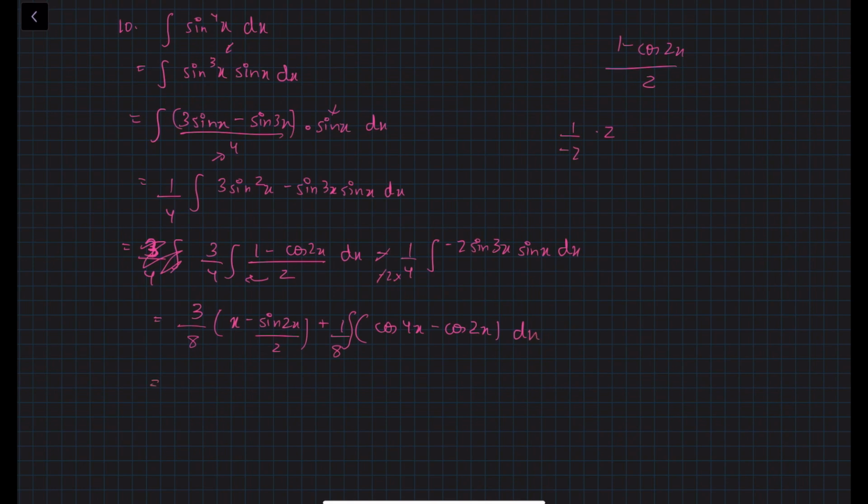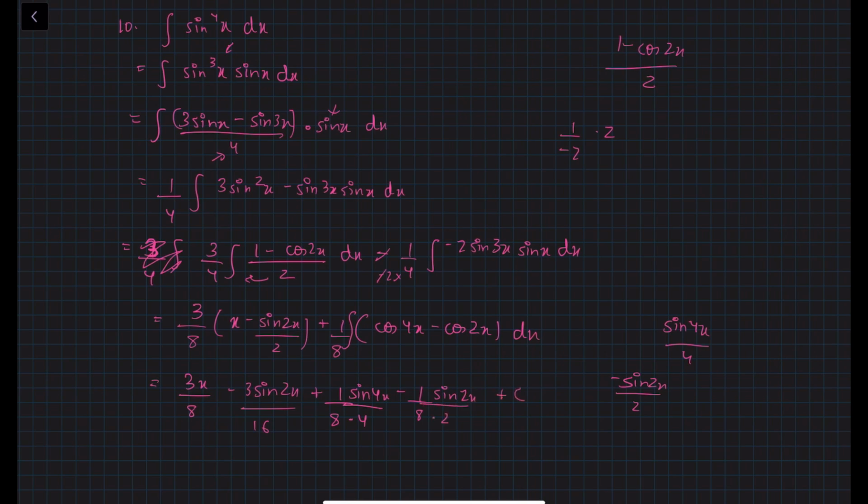And now I'm gonna write this out in the process, and I'm gonna integrate here. So that's gonna be 1 over 8 times sine 4x upon 4, because for cosine 4x that's the integral. So sine 4x upon 4. For negative cosine 2x, it's of course negative sine 2x over 2. So negative 1 over 8 sine 2x over 2 plus a c.